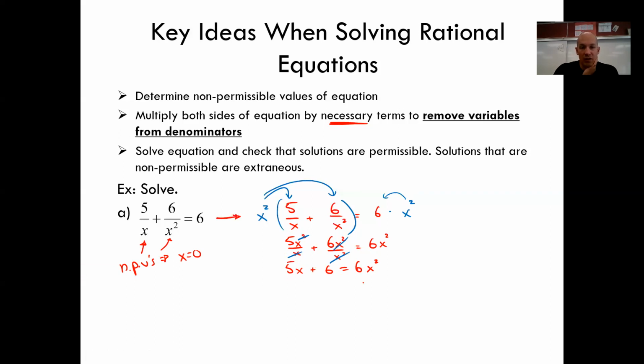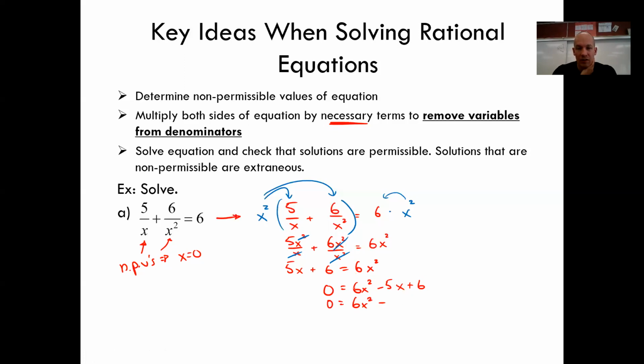Okay, so how do we solve this guy here? We're going to make this look like 6x squared minus 5x minus 6, and we need to see if we can factor this. Is this a factorable thing? I think it is. I think this should go 6x squared.